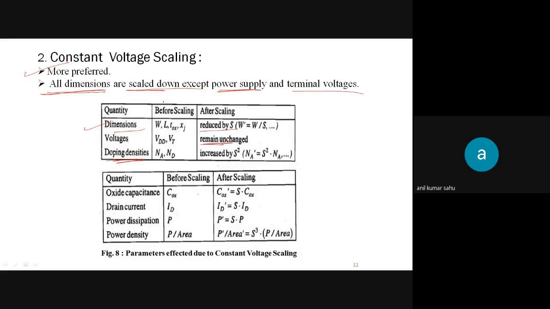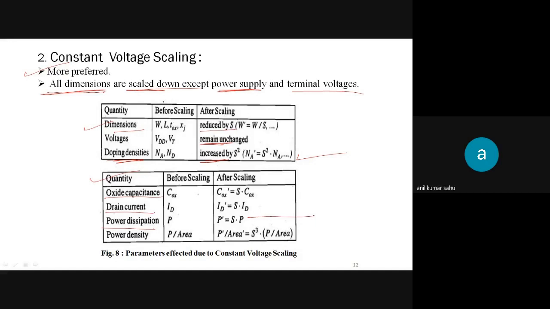Here the doping density is increased by S square. Previously the doping density also increased, but by the factor of S only; here the doping concentration increases by the factor of S square, right? And for other quantities, you can see now: oxide capacitance, drain current, power dissipation.